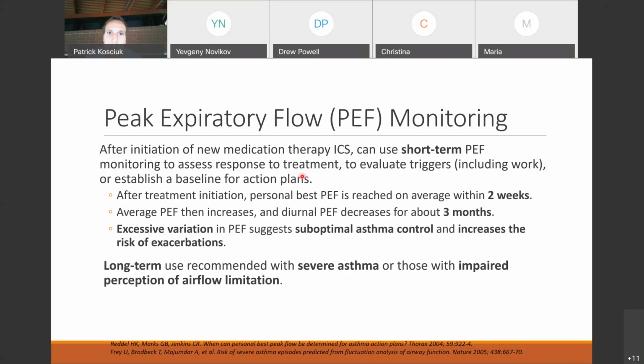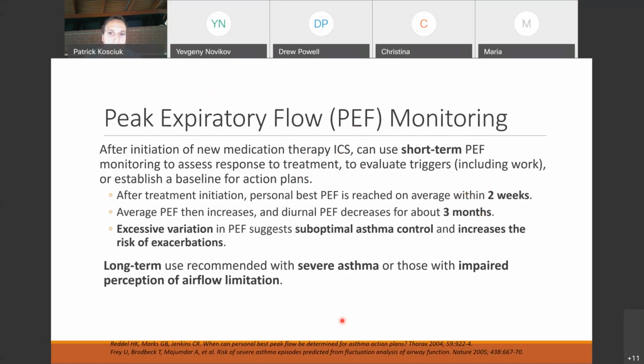After you've started new medication therapy, typically with an inhaled corticosteroid, and again, in asthma, inhaled corticosteroids are the most important part, you do want to see how well they do. Within 2 weeks, they should have their peak value, and that is something that will have to be documented in their note. It's important if they do have one of these meters.